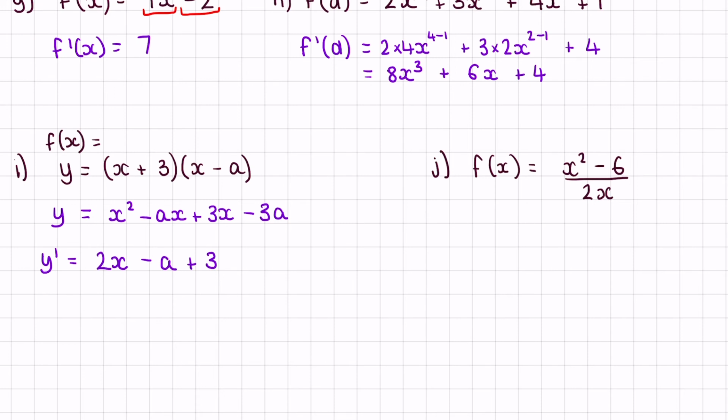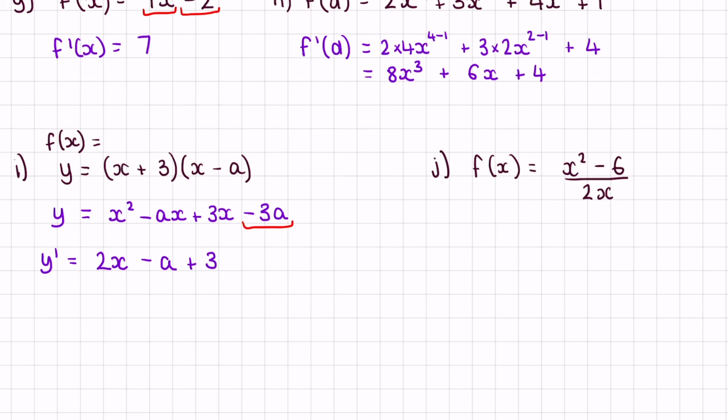Then minus 3a, because the a is a constant, we would see this just as one whole number, and we know the derivative of a number is 0. So the derivative of this part here would be 0, which obviously we don't actually have to write. Just make sure you check which letter you're doing the derivative of, and then any other letter, you just use it like a number.